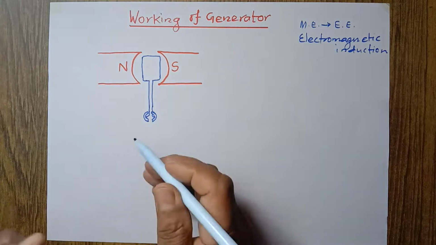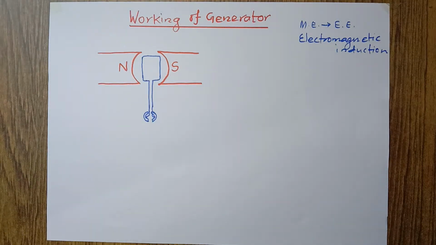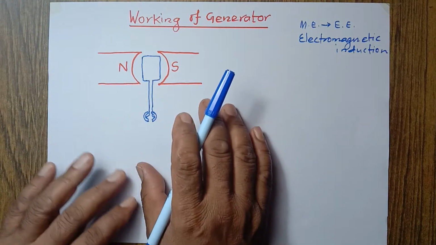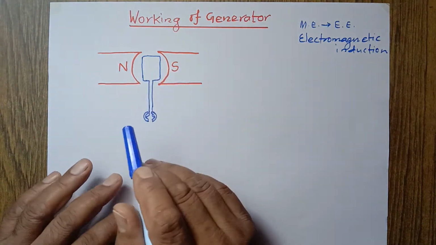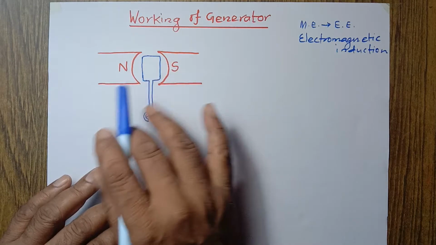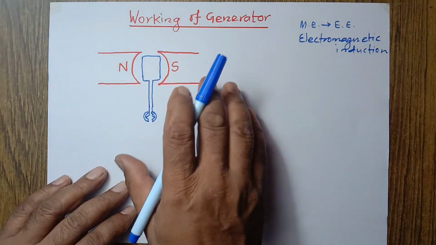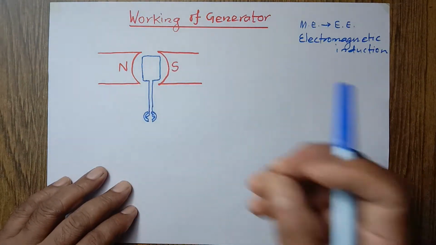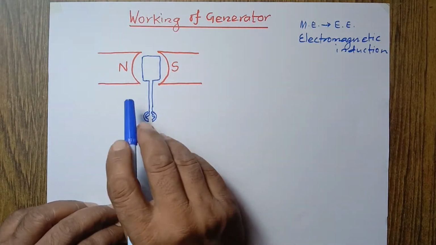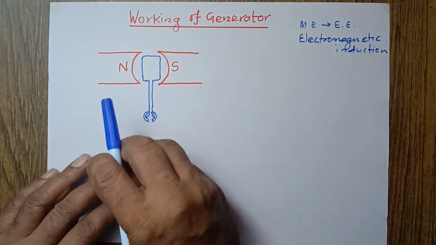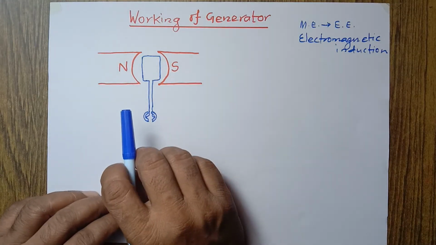I just want to mention, it's not the purpose of this class, that there are two types of ring. One is called a split ring, another is called a slip ring, and they are used for different purposes. Some generators are used to take alternating current as output, and some are designed to collect direct current as output.